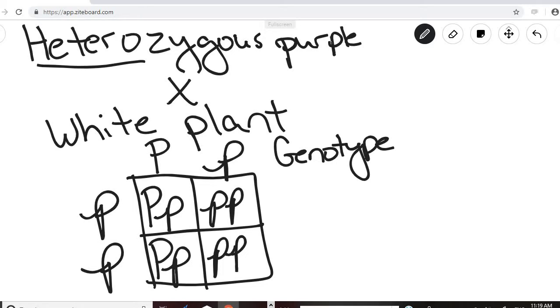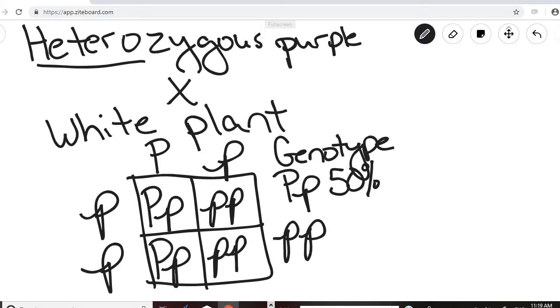Okay, so when we look at the genotypes of the offspring, the two possibilities we see here are uppercase P, lowercase p, and lowercase p, lowercase p. So 50%, 2 out of 4, have this genotype, and the other 50% have that genotype. So these are heterozygous purple, these are homozygous white.